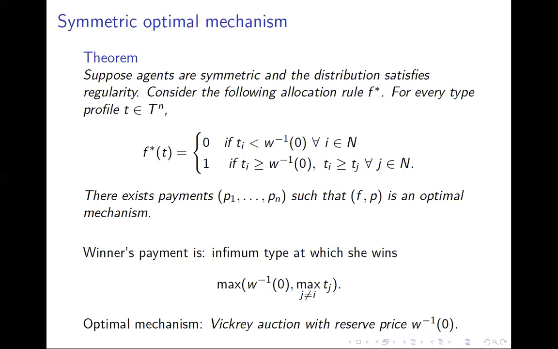Whoever has the highest bid which exceeds this reserve price wins the auction and pays his bid, basically, because by definition, if he wins, his bid is greater than the reserve price. So you can show that the first price auction with a reserve price like this would also generate the same revenue. Okay, but that will only satisfy the BIC constraint.